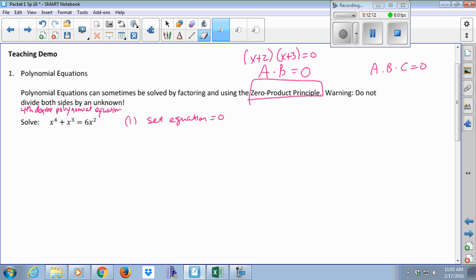The thing you want to do is set the equation equal to 0. So you subtract 6x squared from both sides. Notice I'm saying both sides. So the next thing I write better have two sides, or I don't even look at it for the rest of the problem. Because if you now do this, and you leave it like that, you're not solving any equation. That's just an expression.